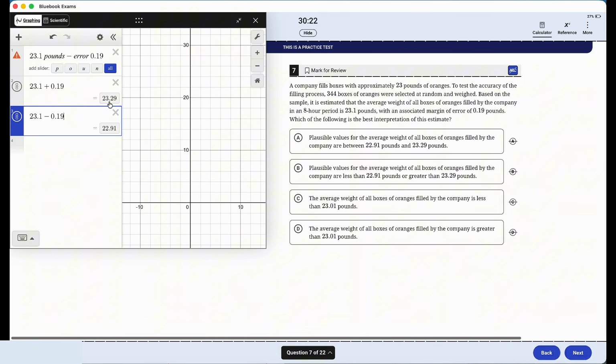It's not a definite thing. So sometimes they'll have answers that sound definitive, like this is not possible, or it's most likely, or it's unlikely. You don't want answers that say it's definitely this, or it's definitely not this. So that's A here, basically. It says the plausible values are between these two numbers that I've calculated there.